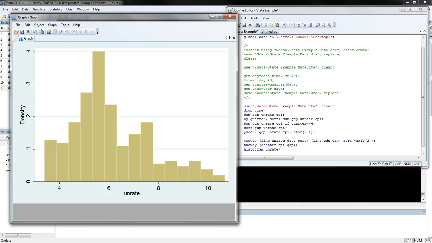So this is the density, so 40% of our data on unemployment rate comes in at about 5.5%, while 10% and above are less than 10% probability. And in fact, from 8% all the way up to 10%, each little box here represents less than 10%.